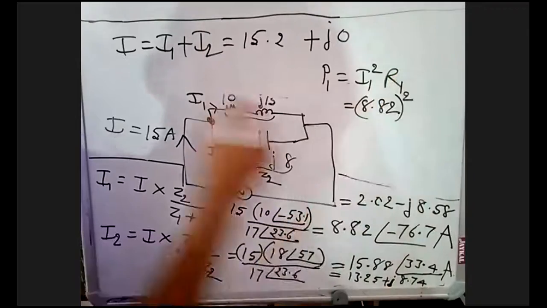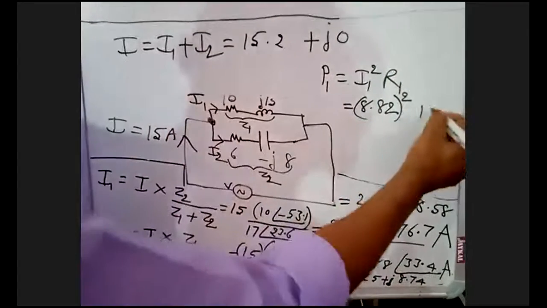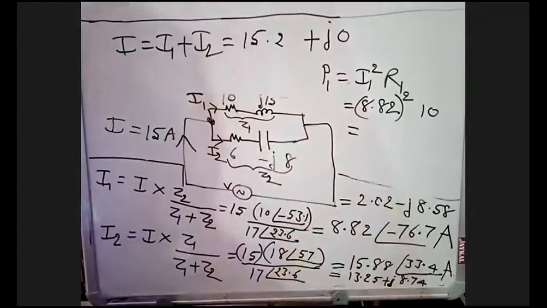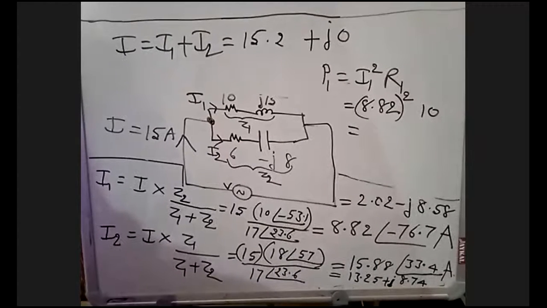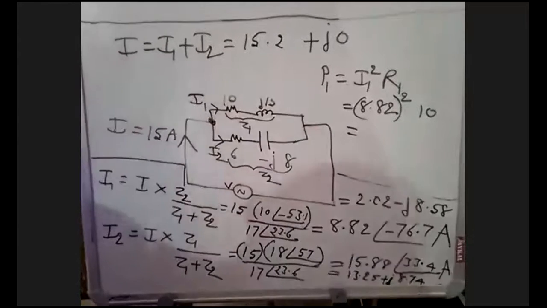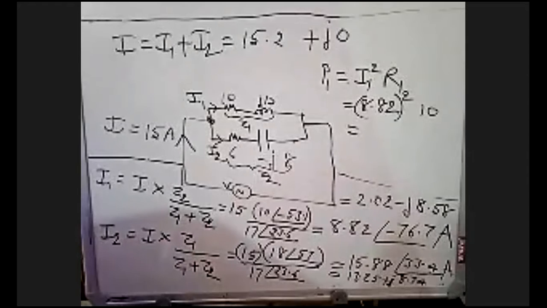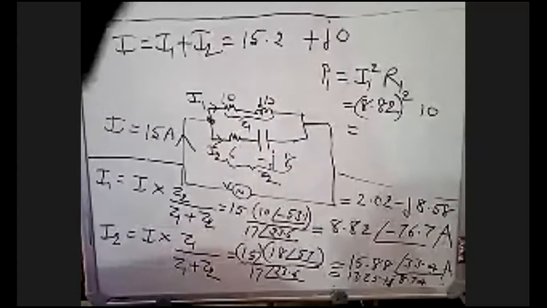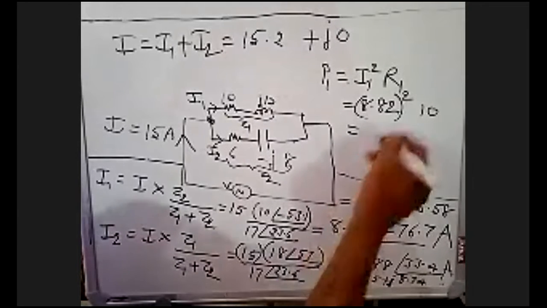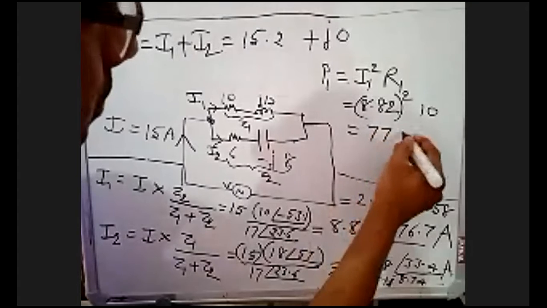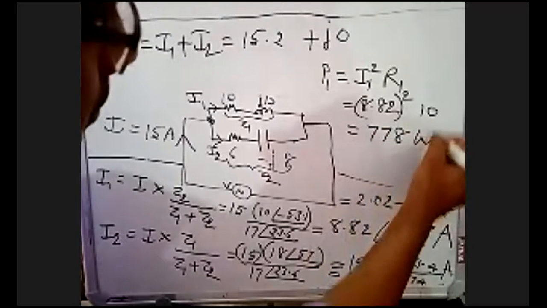R1 is 10. This is your P1. How much will you get? 777.92 watts.